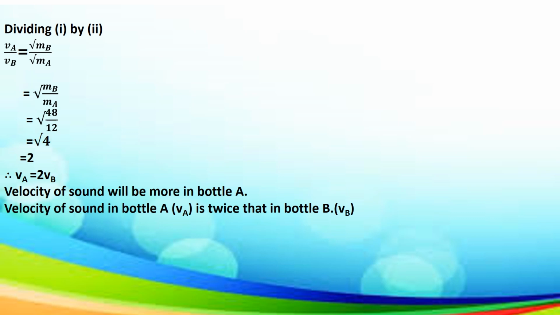So VA upon VB is equal to 2, that is VA is equal to 2 into VB. So the velocity of sound will be more in bottle A. Velocity of sound in bottle A, VA, is twice that in bottle B, that is VB.